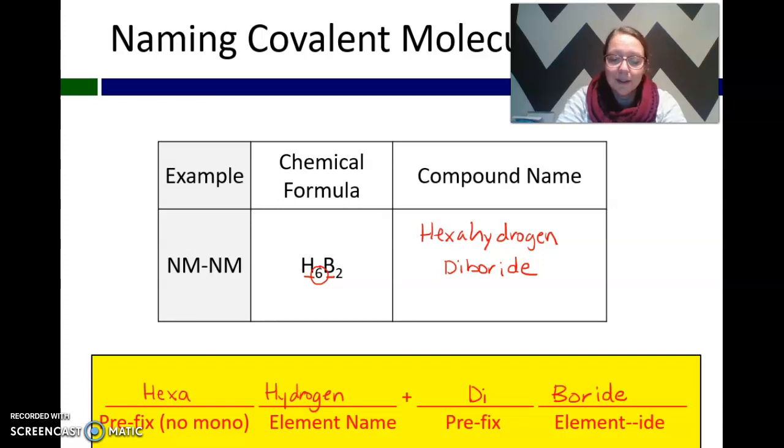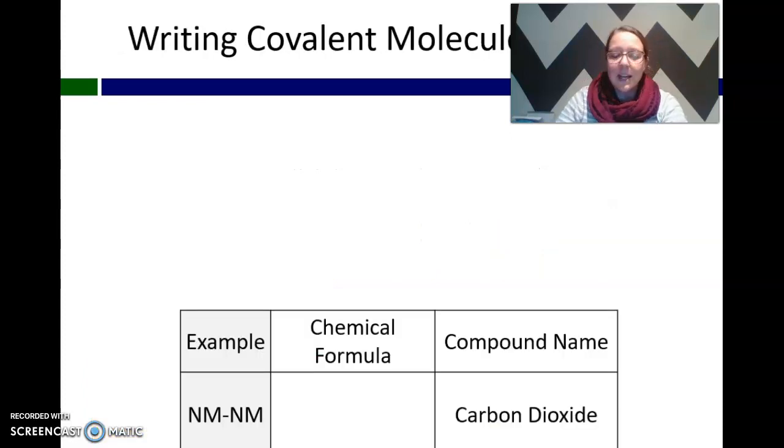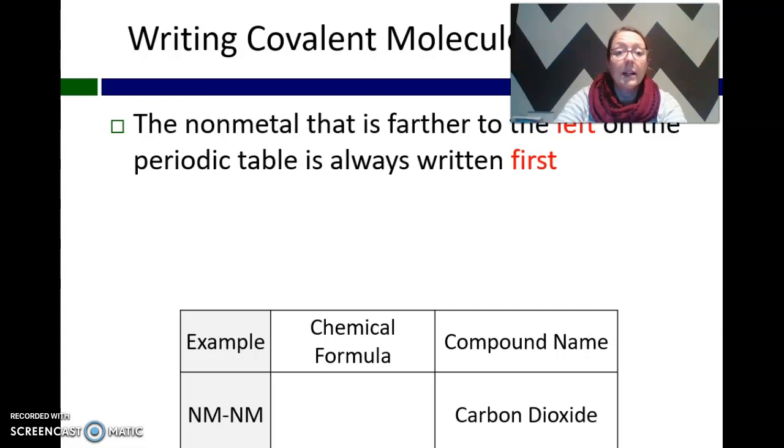Naming covalent molecules. Let's go the other way around if we were to write the formulas for these covalent molecules. So let me give you the rules first. Just like before, the nonmetal farther left will be written first in the formula.